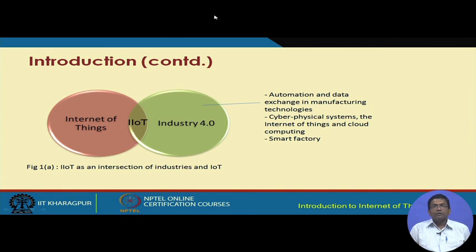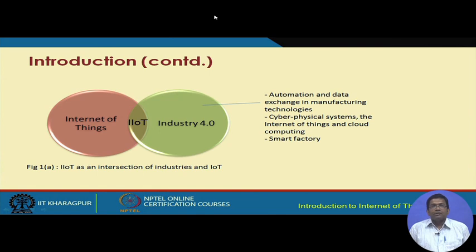In terms of the scope of IIoT, it borrows some features from the existing Internet of Things, plus some features from the vision of Industry 4.0. Industry 4.0 gives a framework for automation and data exchange in manufacturing technologies. It is a vision, a way forward that has been proposed.